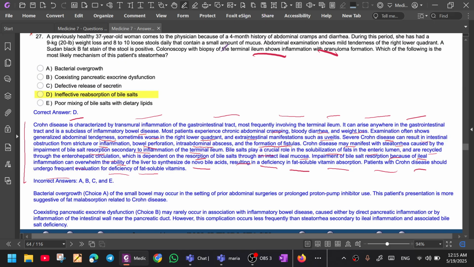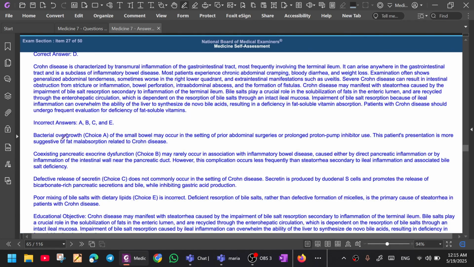Okay, I'm reading option A, bacterial overgrowth of the small bowel. Bacterial overgrowth of the small bowel may occur in the setting of prior abdominal surgery or prolonged proton pump inhibitors.